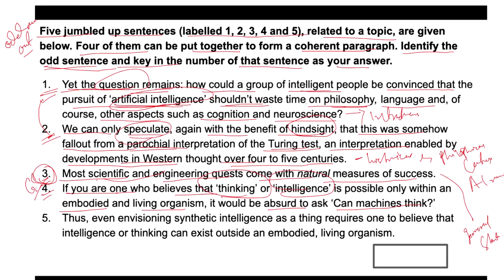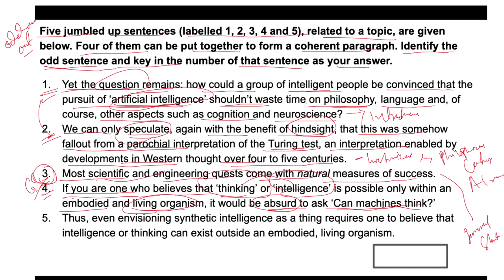Because it is stated that if you believe thinking or intelligence is possible only within an embodied and living organism, it would be ridiculous to ask, can machines think? So in that case, we can say it is relevant to the philosophical debate about AI.